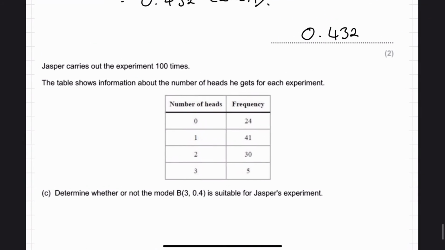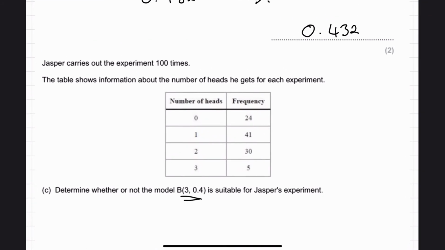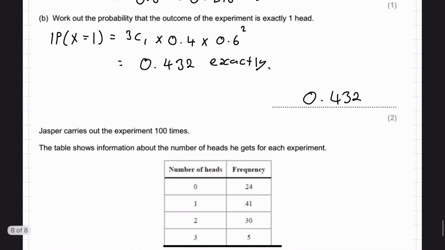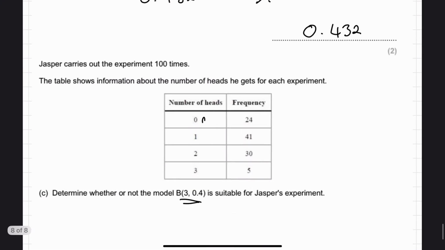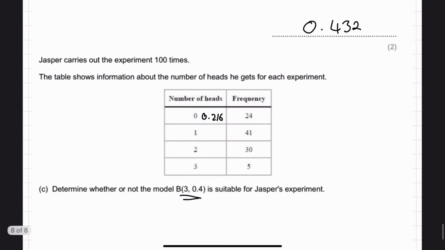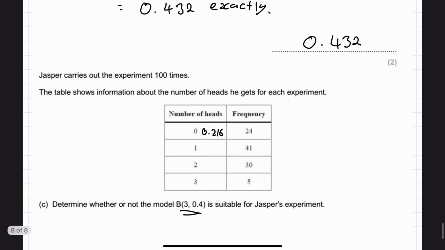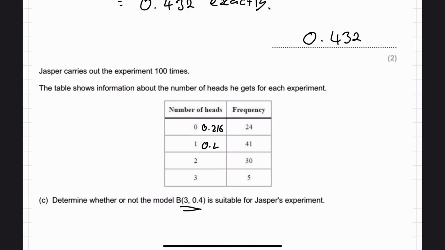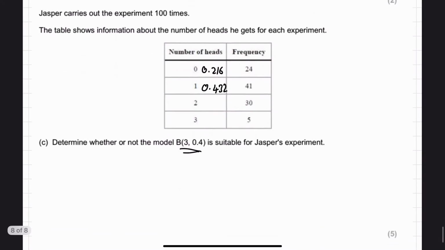Well, we found out earlier using this model that the probability of getting 0 is 0.216 and the probability of getting 1 is 0.432. So if I do that 100 times, we're expecting around 21.6 times to get 0 heads in 100 experiments.